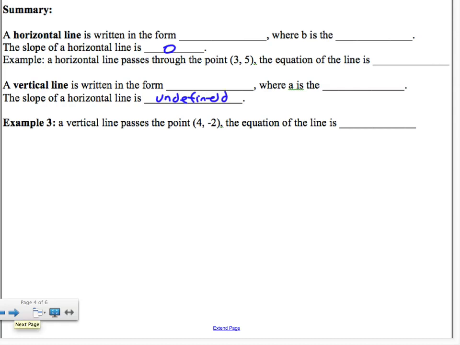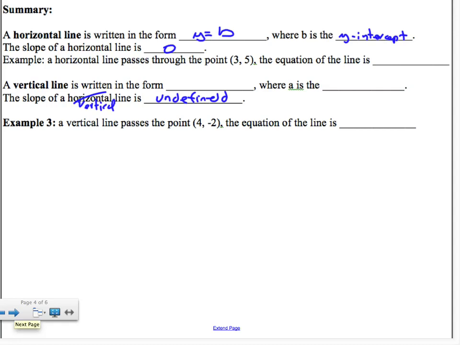A horizontal line is written in the form y is equal to b, where b is the y-intercept. I found a typo: the slope of a horizontal line is 0, and a vertical line is undefined. Thank you.